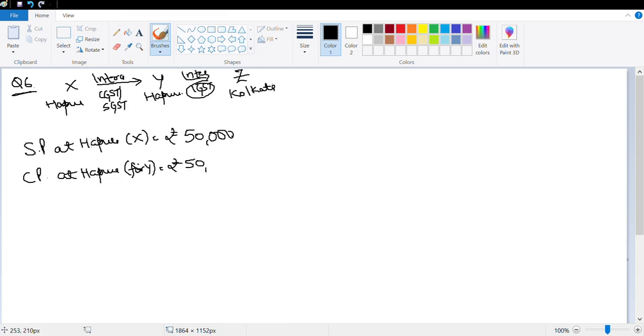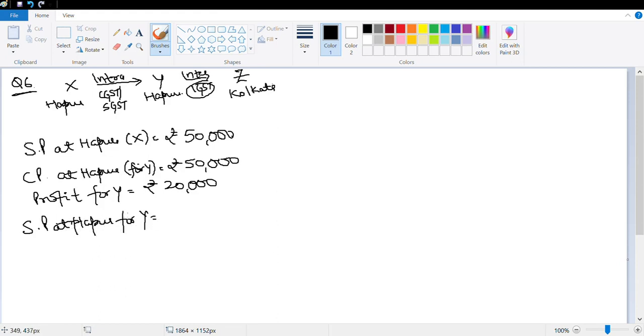Yes, the selling price for X is the cost price for Y. Now he adds a profit of how much? 20,000. So profit for Y is equal to rupees 20,000. Therefore, SP at Harpur for Y, so he's selling it at CP plus P, which is rupees 50,000 plus 20,000. That's rupees 70,000. Perfect.